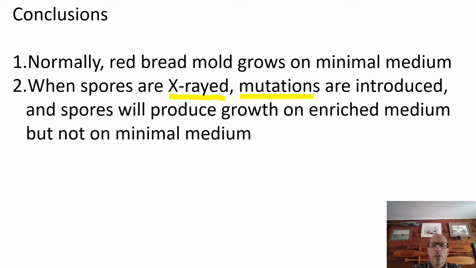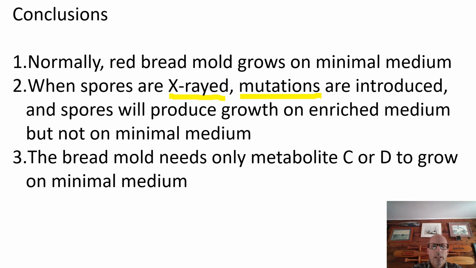And of course, we know now those are known as mutations. And that caused the mold not to grow on minimal medium, but it did grow on enriched medium. More specifically, this bread mold needed only metabolite C or D to grow on the minimal medium.